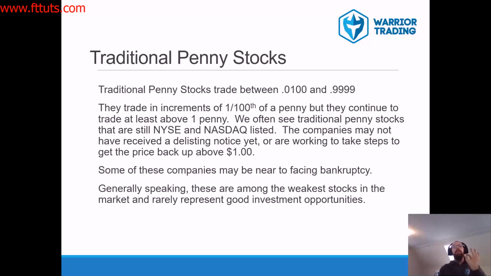These companies may not have gotten delisted yet. They may be getting ready to do a reverse split or trying to get their price back up above $1. We don't usually see ones as low as 1 cent, but we often see them in the 50 cent, 60 cent, 70 cent range. But of course, generally speaking, these are stocks that are really in not good shape, and they are potentially facing delisting.